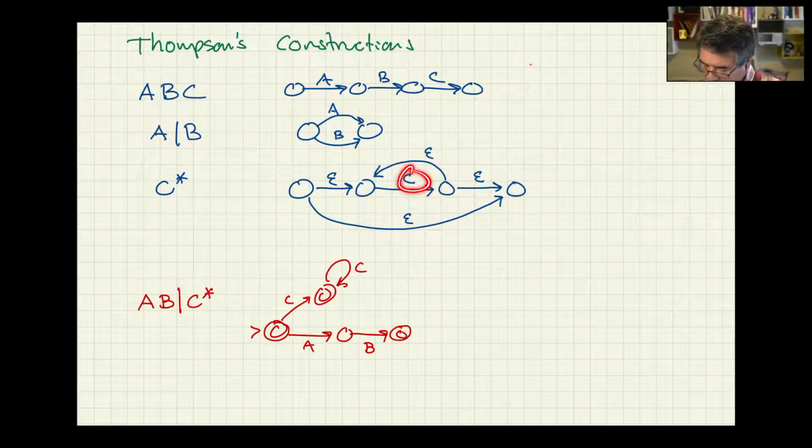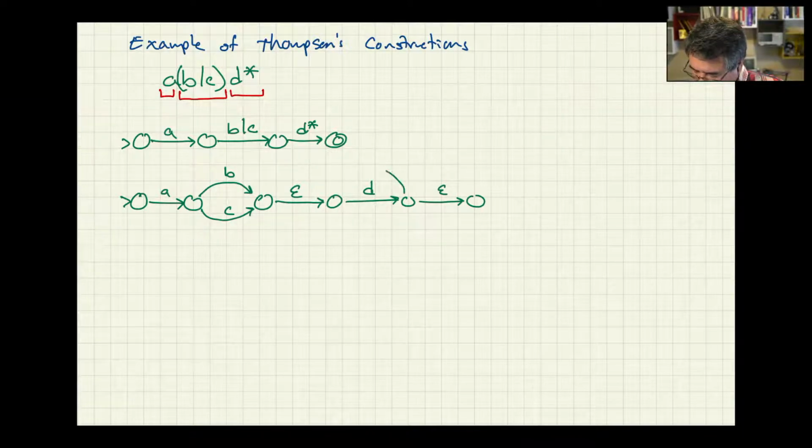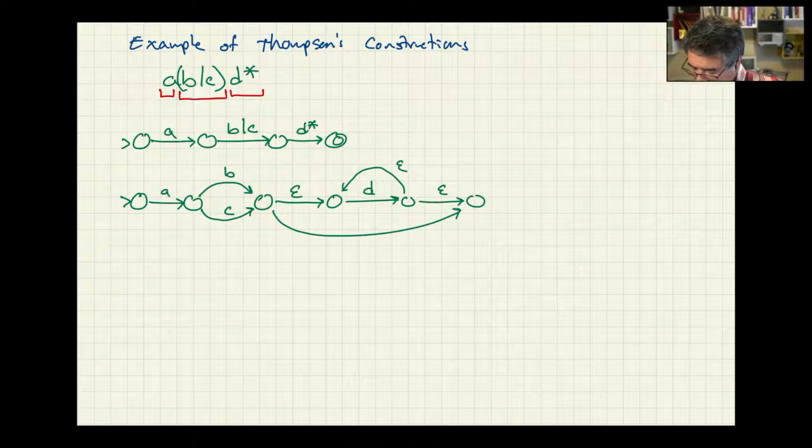And then you finally have your one symbol sitting in the middle of this diagram. So you've got an epsilon here, an epsilon here, there's the D, the epsilon that goes back, and one that goes all the way through. And that's how you do it.